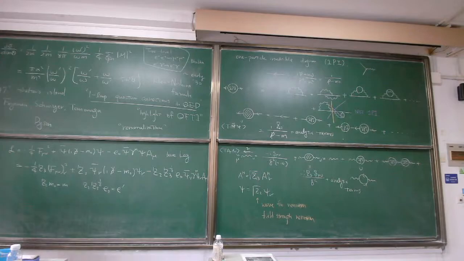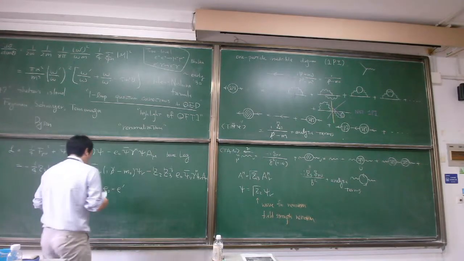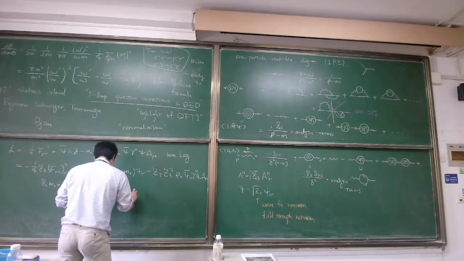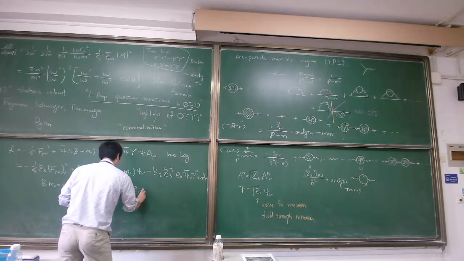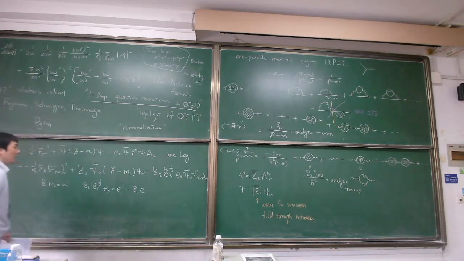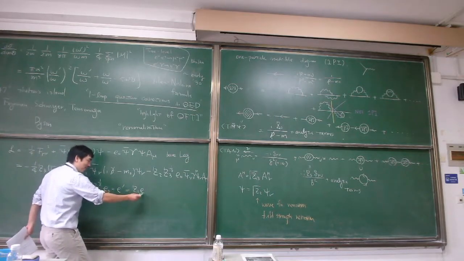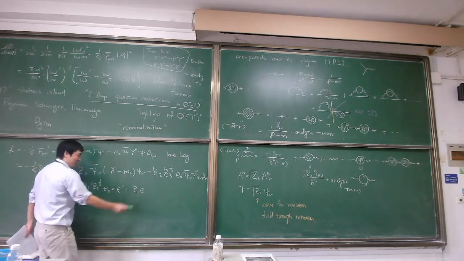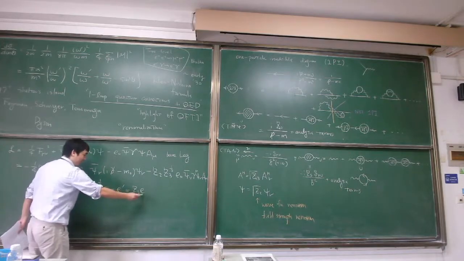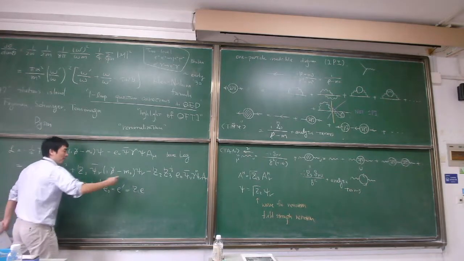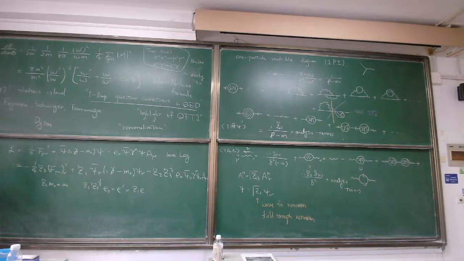Moreover, we write this one as Z1 E. This E is the physical E, and the physical E and the bare E are related by this relation, and this is the physical mass and this is the bare mass, related by this relation.